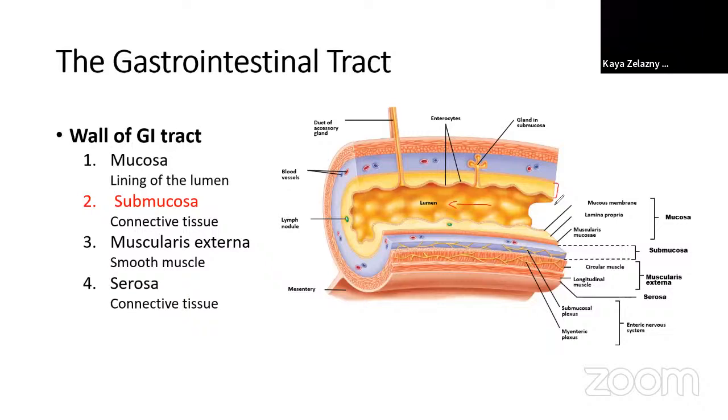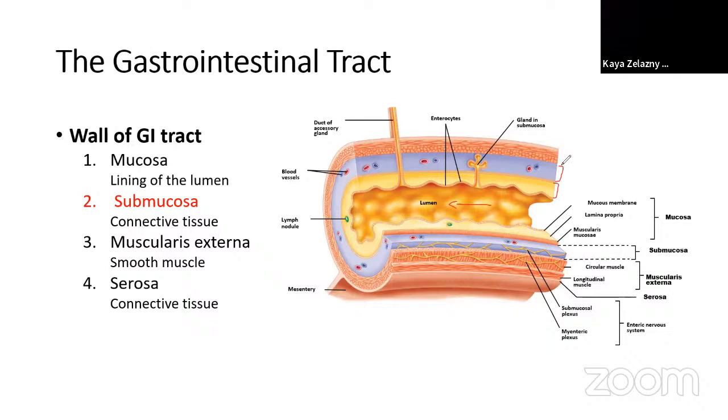As the word mucosa might tell you, one of the important things here is that we're going to have a mucous membrane. Then we have the submucosa, which is a connective tissue layer, but we're going to see that we have some glands in here and some other things going through, including one of our plexuses.